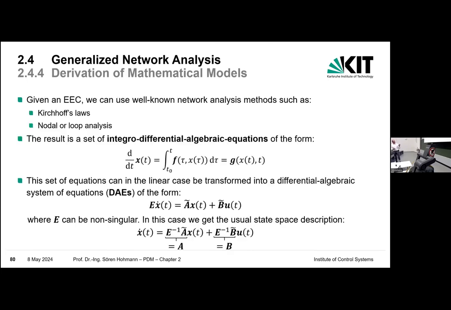In the most general form in the linear case, it looks like this. This object here can always be transformed into some sort of a matrix form: E times x dot is equal to A x plus B u. It's similar to what you perhaps know from linear multivariable control from Mr. Kubi already.